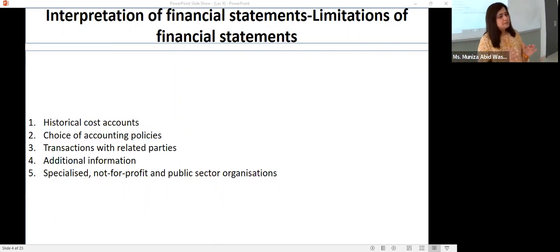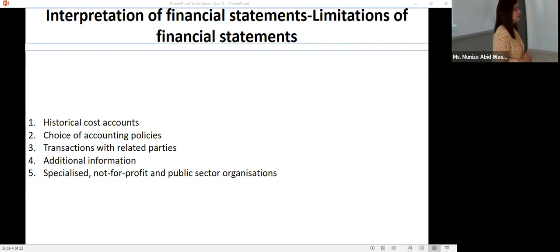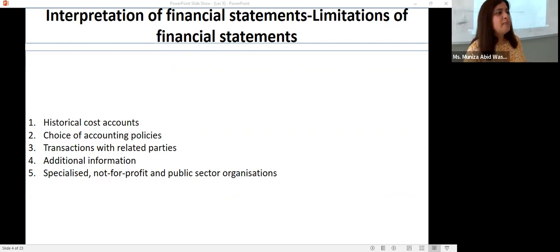The output which the organization is achieving by the level of the input should always be more. So output should be more than the input. And this is the important E which has to be analyzed in the case of the not-for-profit making concerns. So benefits should always exceed the cost. This is the meaning of economy.